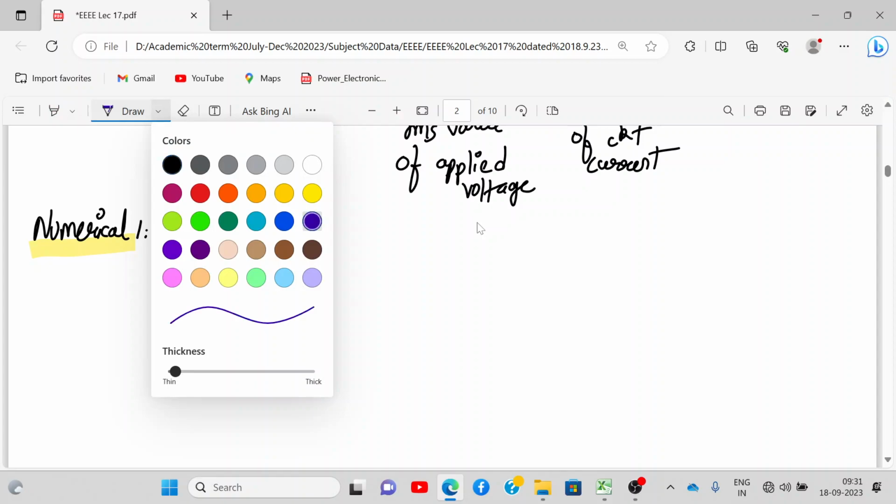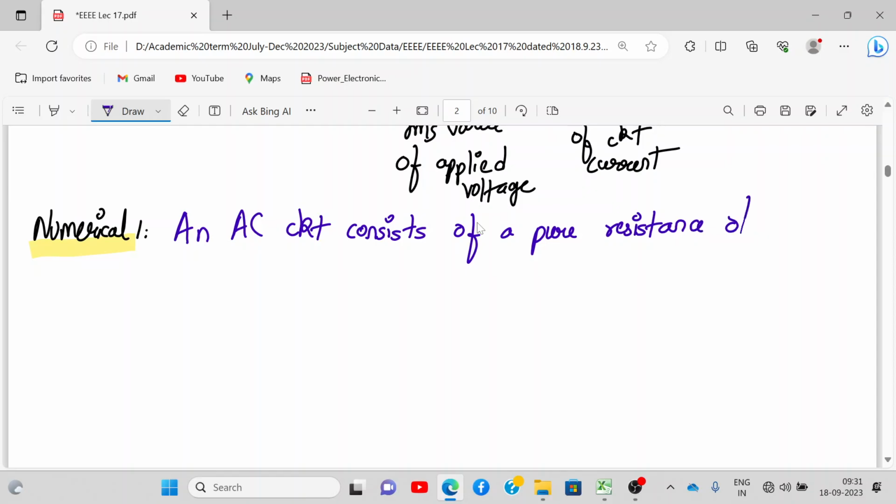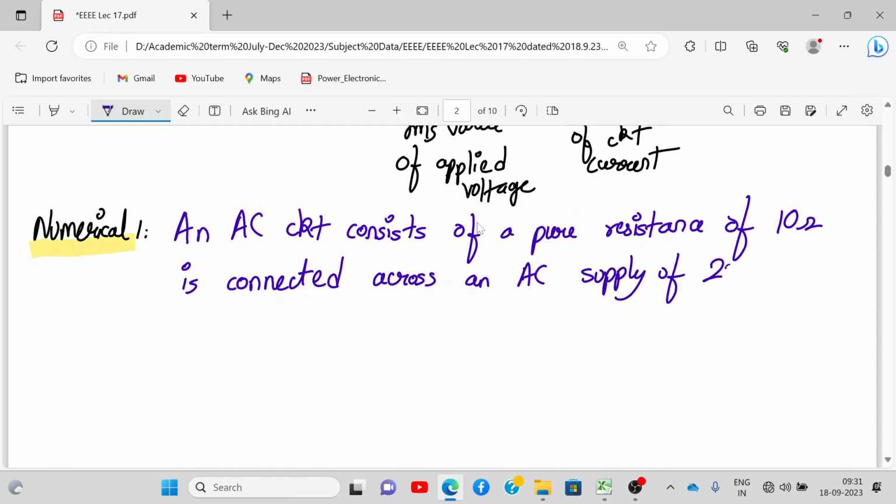The statement is: an AC circuit consists of a pure resistance of 10 ohm connected across an AC supply of 230 volts, 50 hertz.